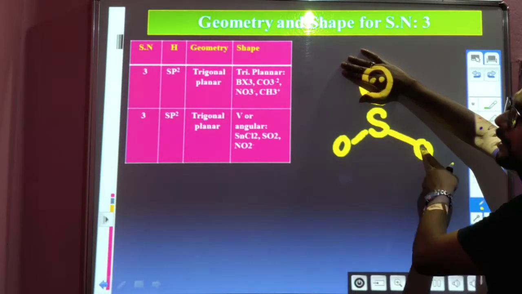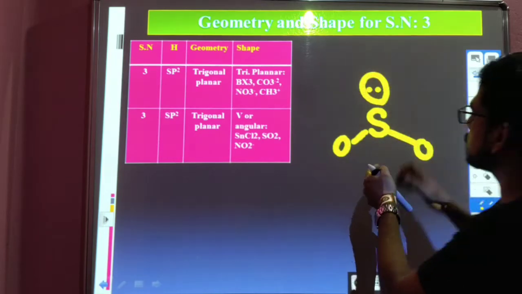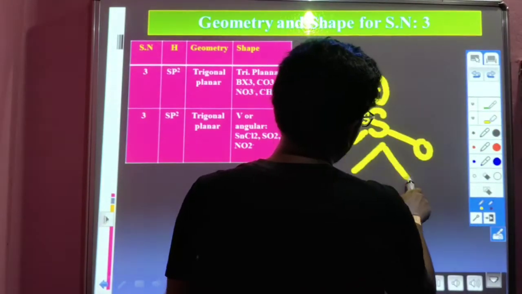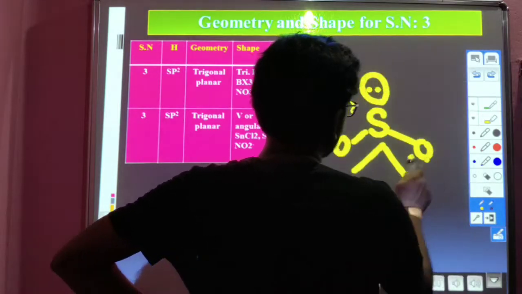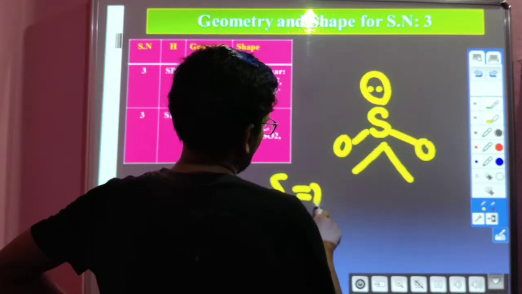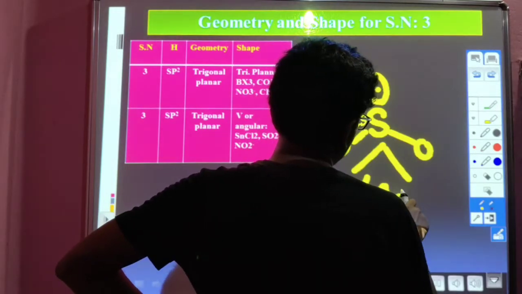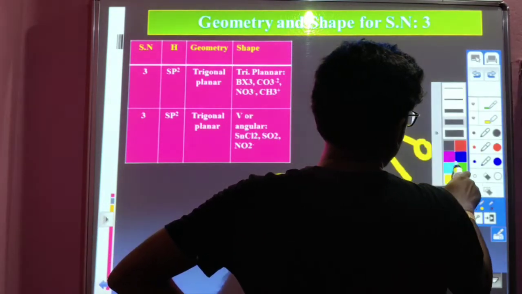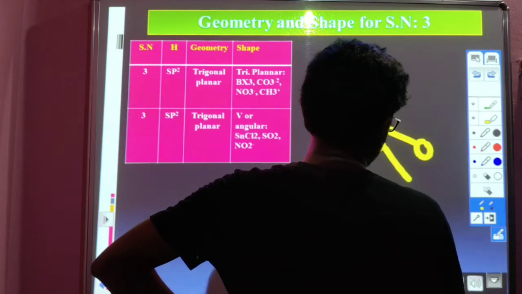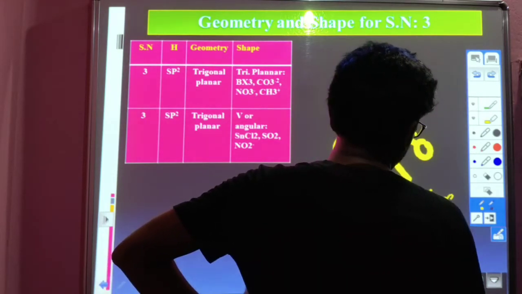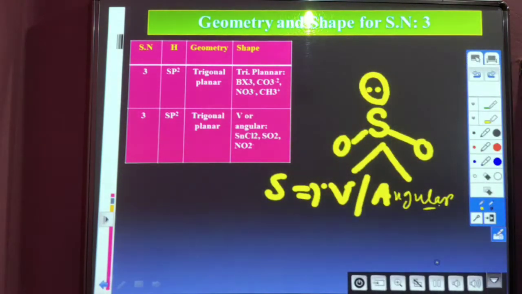This is basically V or angular. This is a kind of V. So shape is V shape, V or angular. You can say bent also, no problem.